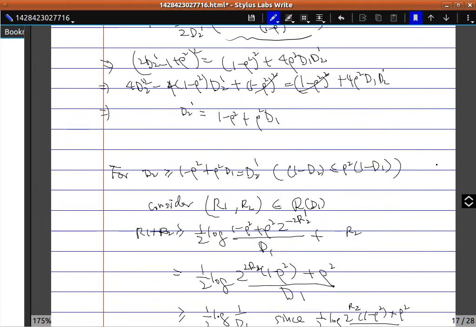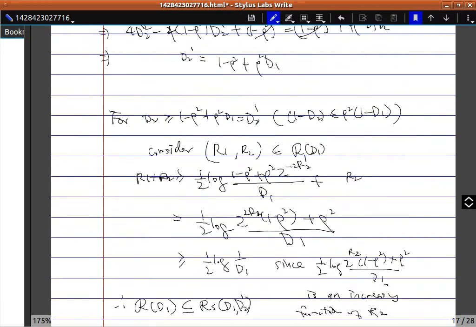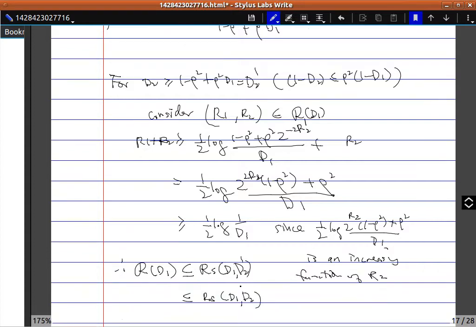Because we showed that R1 plus R2 is bigger than or equal to 1/2 log 1 over d1, for that particular R1 and R2, the pair inside R1 D1 will also be inside our R S D1 D2 pi.